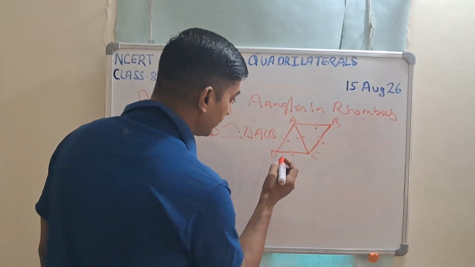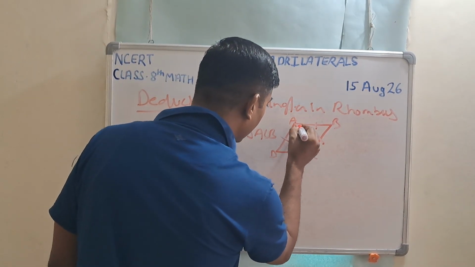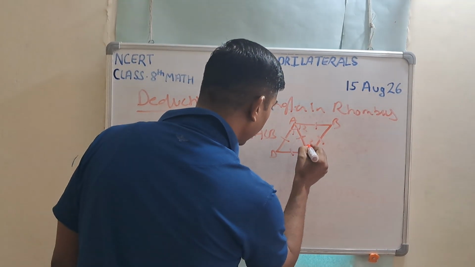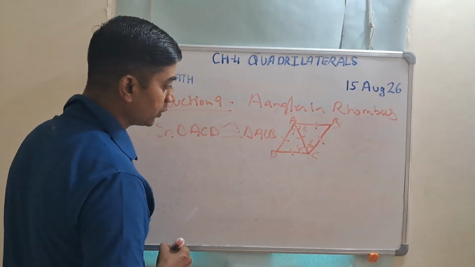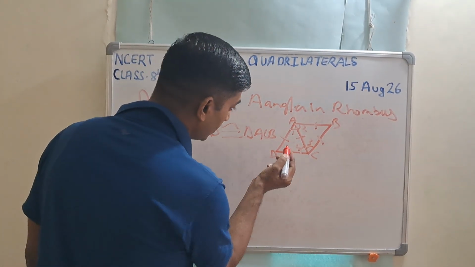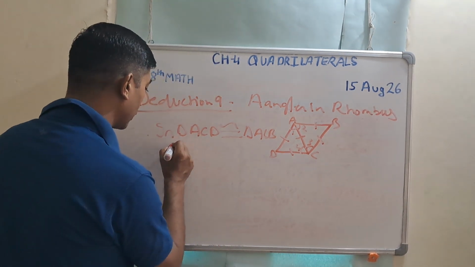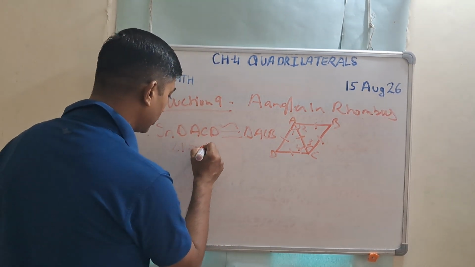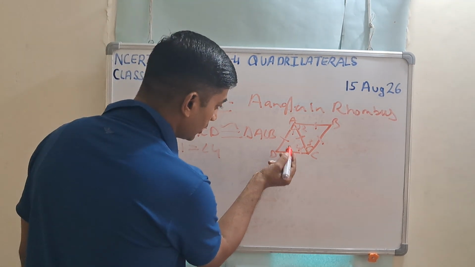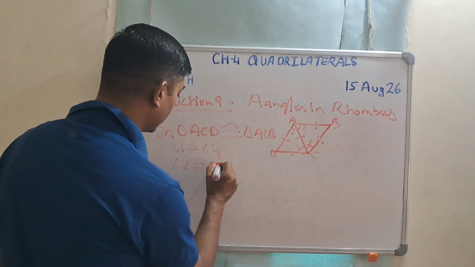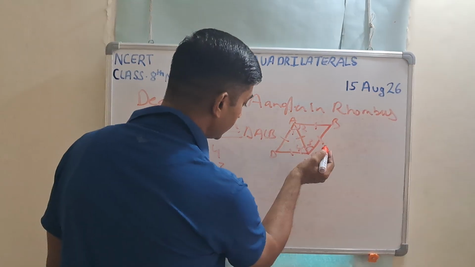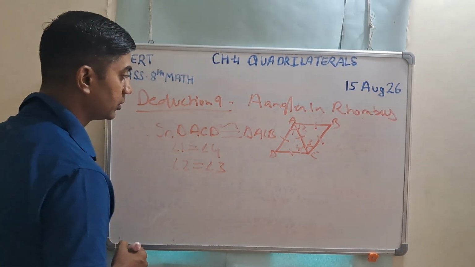And what do we conclude? If we name it 1, 2, 3, 4, understood? What we see is that angle 1 is equal to angle 4, since both sides are equal, and angle 2 is equal to angle 3, since these sides are equal. Understood?